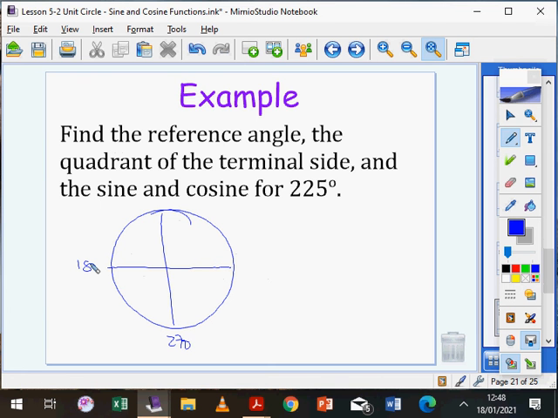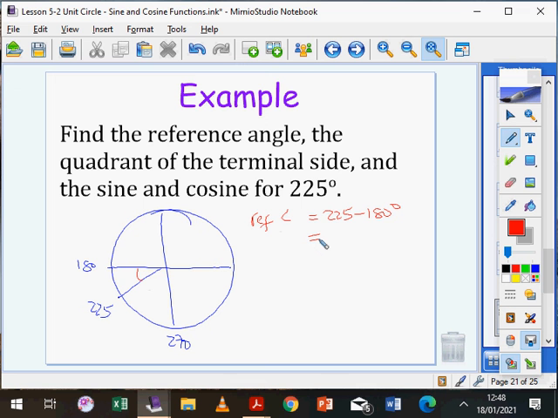That's going to be this angle. I can get it by subtracting 225 minus 180 degrees, which gives me 45. I hope we agree that it's 45 degrees. So the reference angle is 45 degrees.